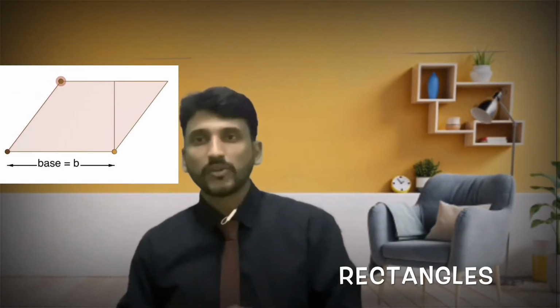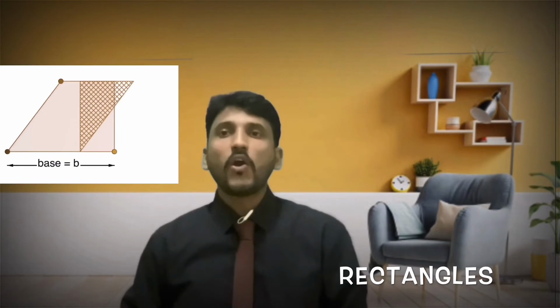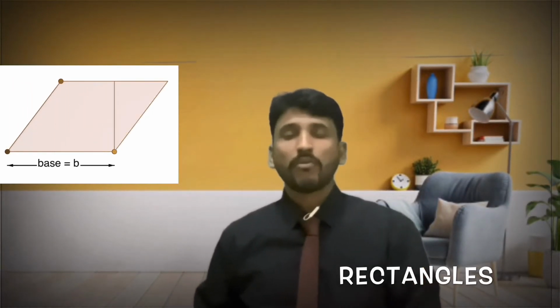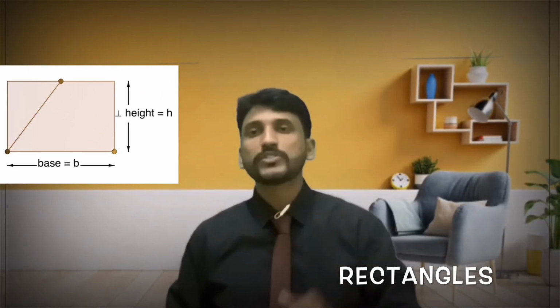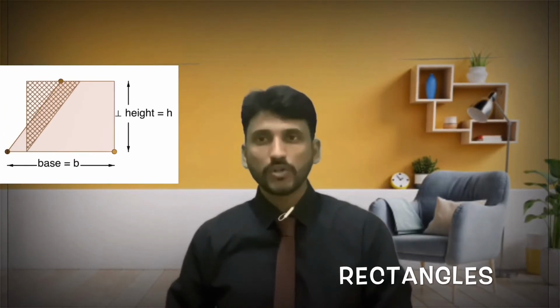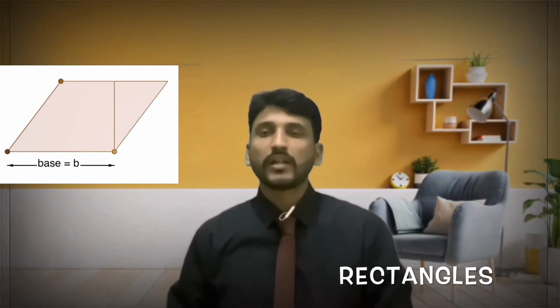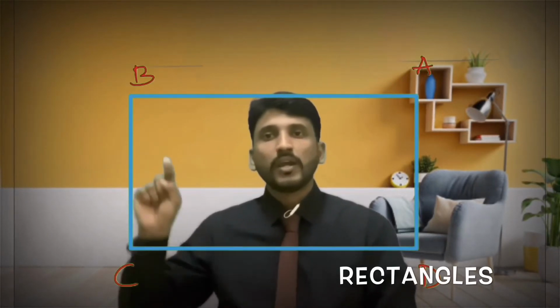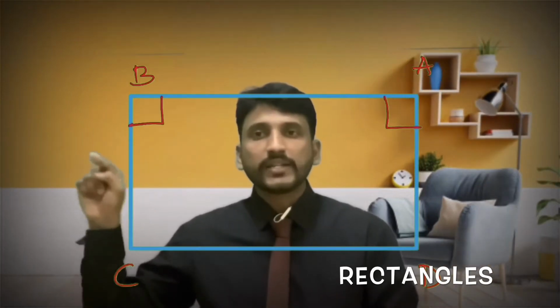So in a parallelogram, if all the angles are 90 each, then that parallelogram will be called a rectangle. Let's go further. What are the properties of a rectangle? Number 1, it's a parallelogram, so all the properties of a parallelogram apply to a rectangle also. That means the opposite sides and opposite angles are equal. What else does it have? Each of the angles is 90 degrees. That's the additional quality that makes a parallelogram turn into a rectangle.